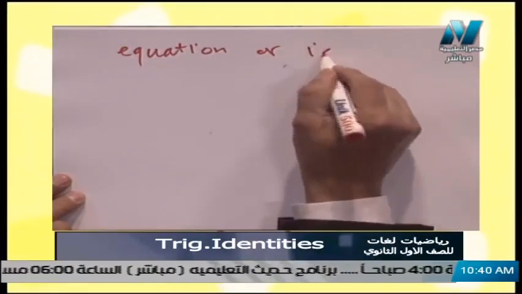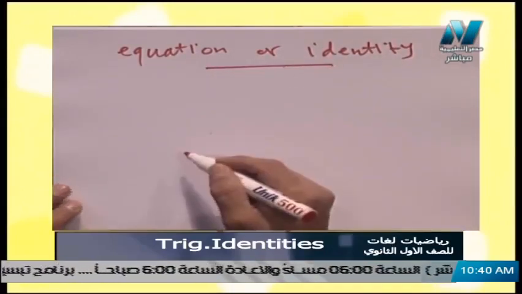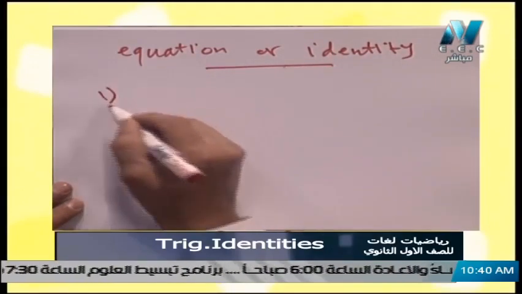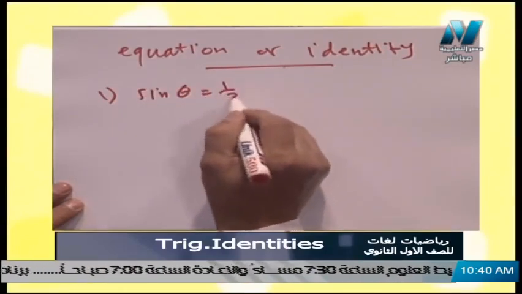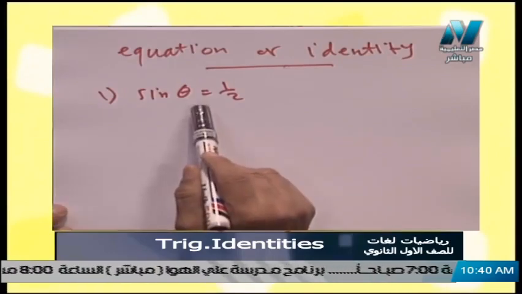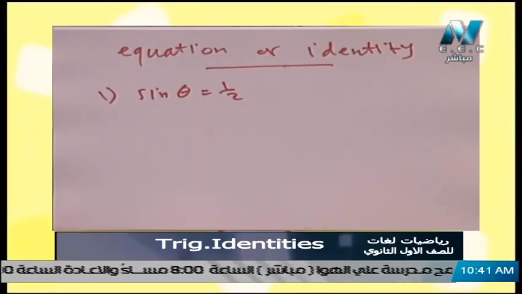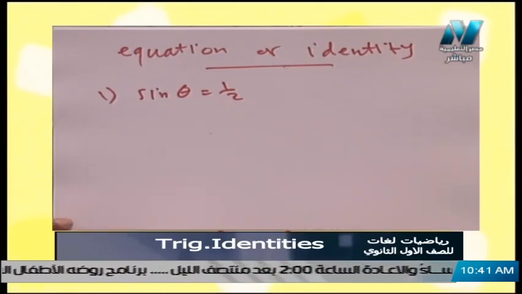The first example is sine theta equals half. Is it an equation or an identity? Let's study it. Sine of what number equals half?